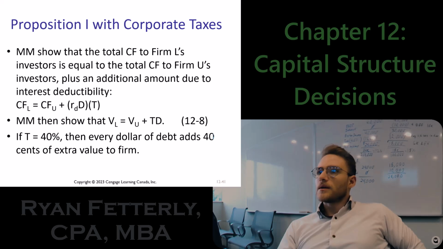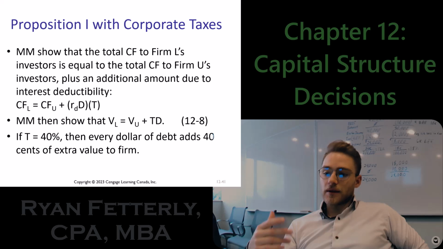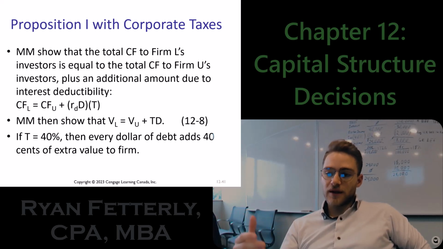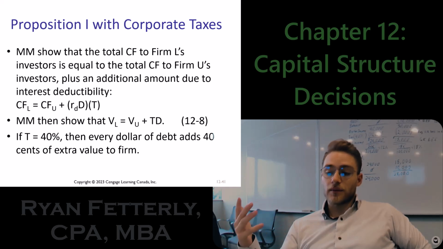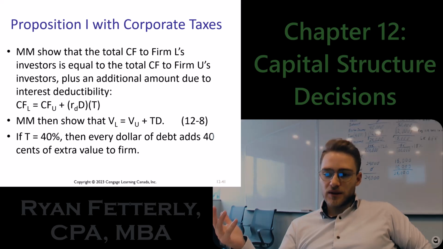Proposition 1, with taxes. The model shows that the total cash flow to the leveraged firm's investors is equal to the total cash flow to the unleveraged firm's investors, plus an additional amount due to interest deductibility, right?